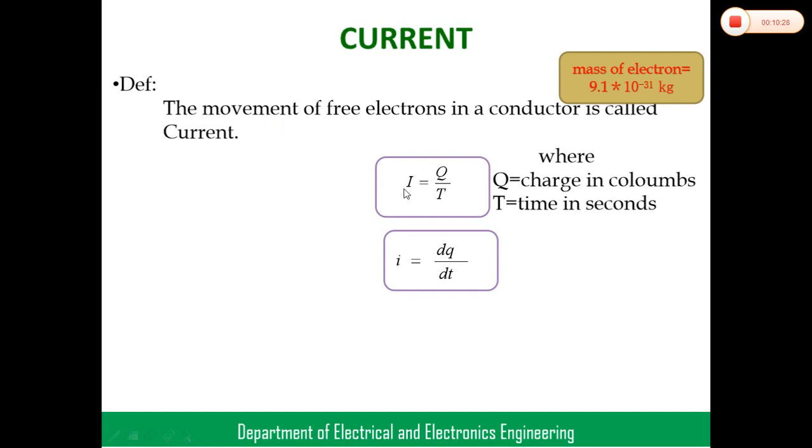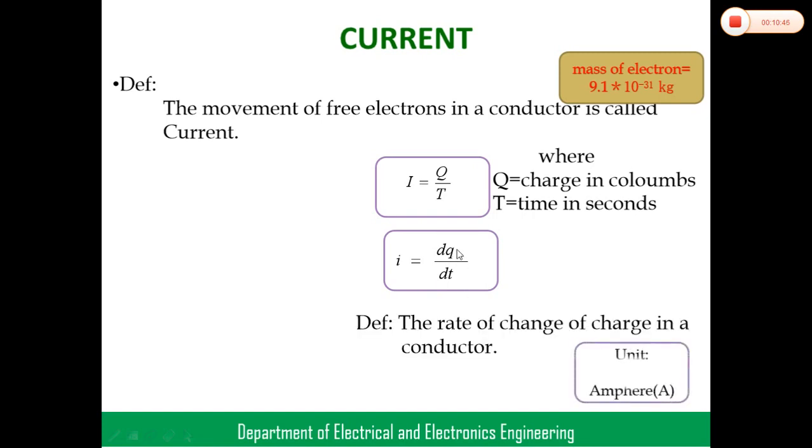Coming to the definition in terms of a formula, I equal to q by t, where q is the charge in coulombs and t is the time in seconds. The current can be rewritten as I equal to dq by dt, where dq is the change in charge and dt is the change in time.